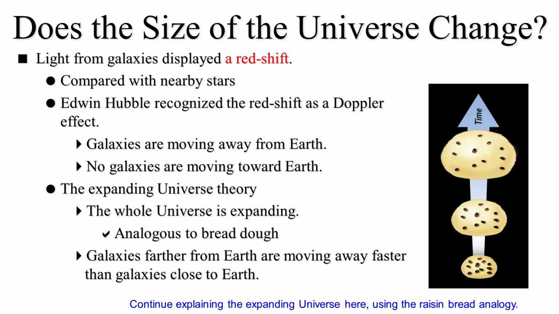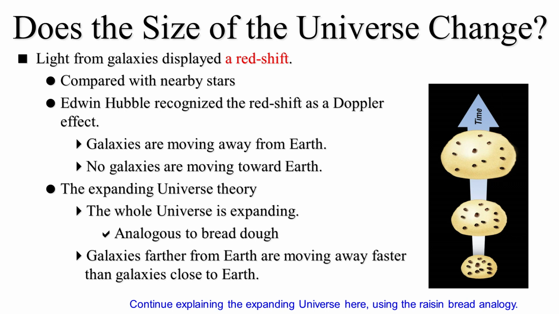So light from the galaxies displayed a redshift. Compared with the nearby stars, Edwin Hubble recognized the redshift as a Doppler effect. Galaxies are moving away from Earth. No galaxies are moving toward the Earth. The expanding universe theory: the whole universe is expanding.